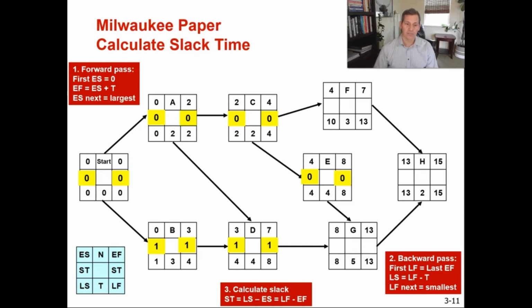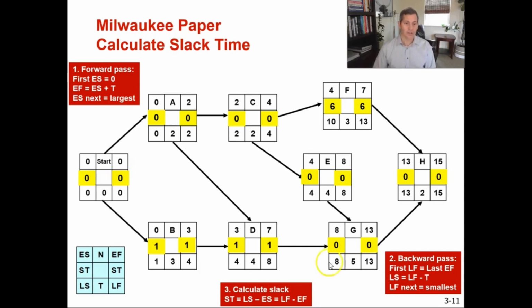Now we go to G. 8 minus 8 equals 0. 13 minus 13 equals 0. Now we go to F. 10 minus 4 equals 6. 13 minus 7 equals 6. And then we go to H, and 13 minus 13 equals 0, and 15 minus 15 equals 0.